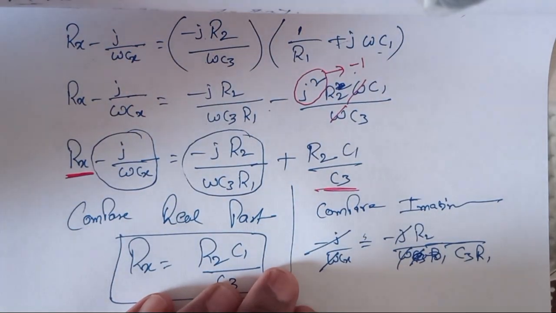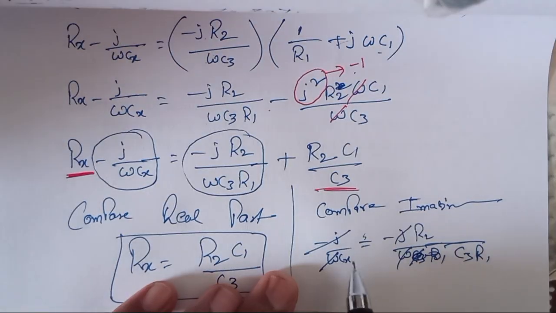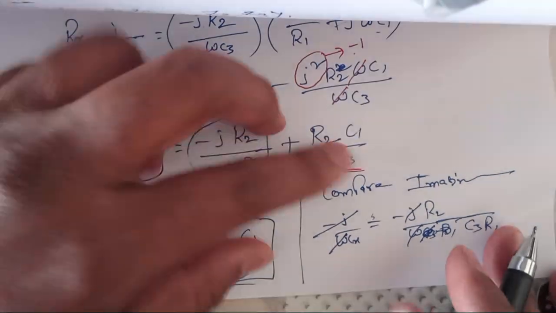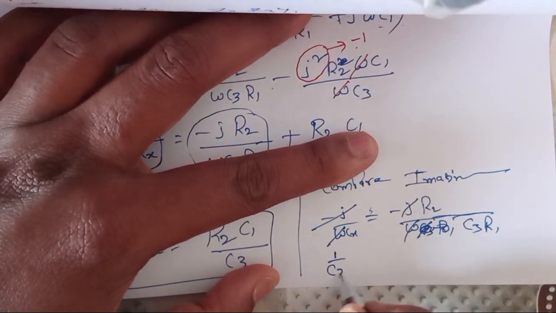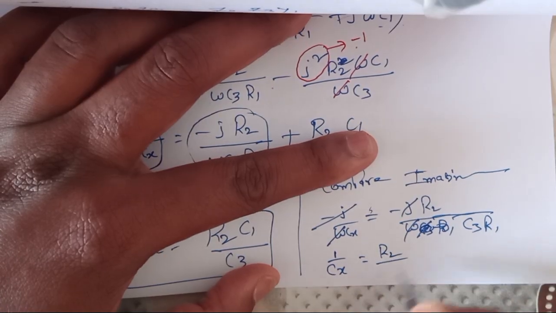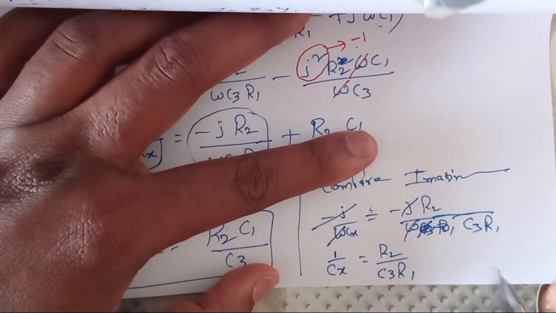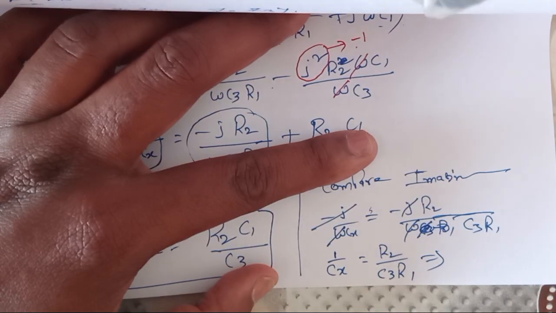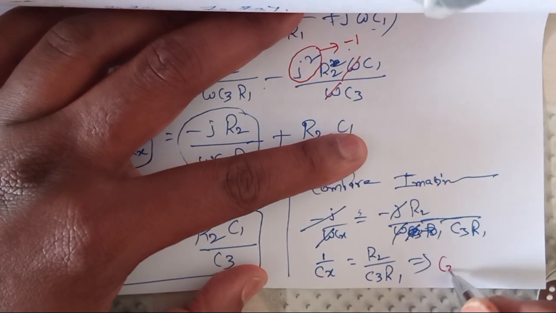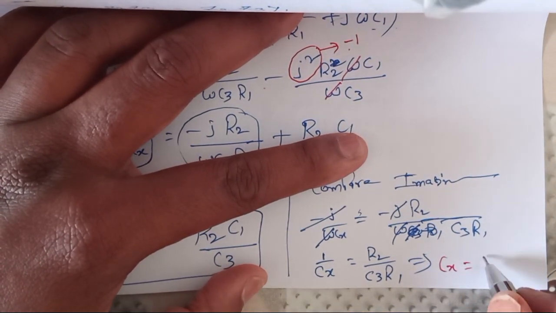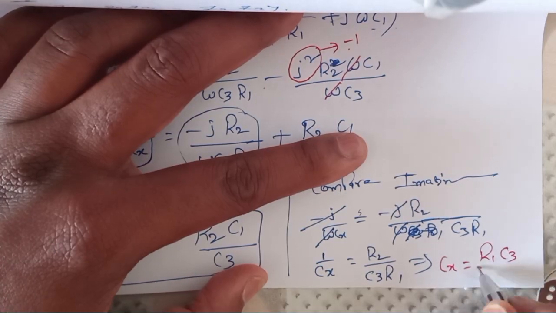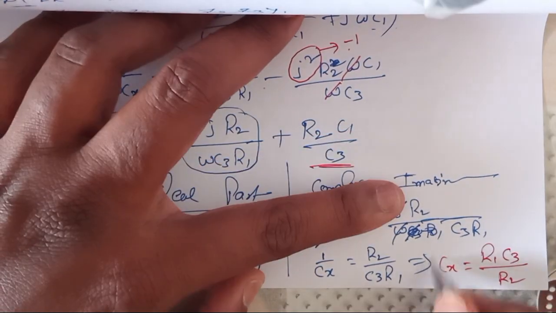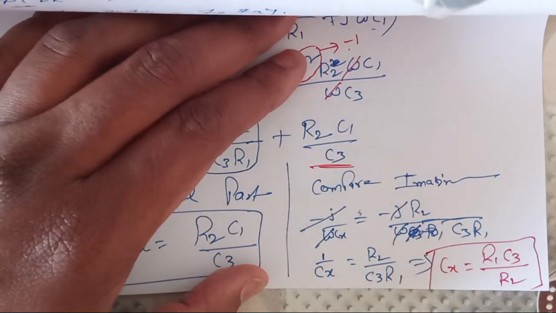Omega will get cancelled. So the rest of the term is 1 by Cx equal to R2 by C3 R1. And finally, inverting, Cx equal to R1 C3 by R2. It is the capacitance.